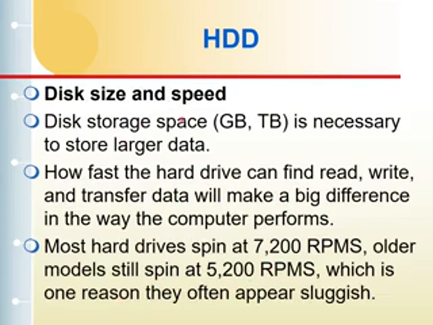Now, if you have a computer with a bigger hard disk drive, it means you can store larger data on that computer, and if that hard disk drive runs at a speed of 7,200 rpm, it will be able to quickly read and write data onto the disk. So a hard disk with 7,200 is much faster than the one with 5,200.